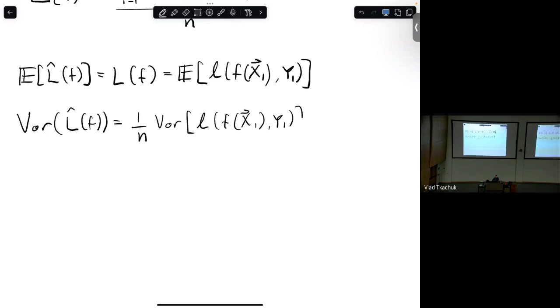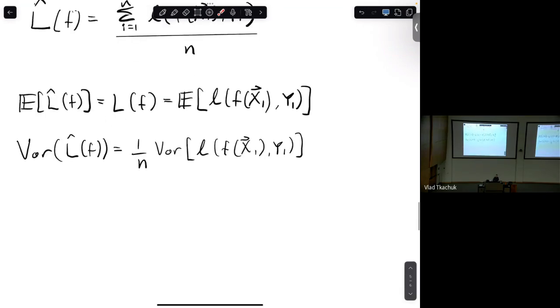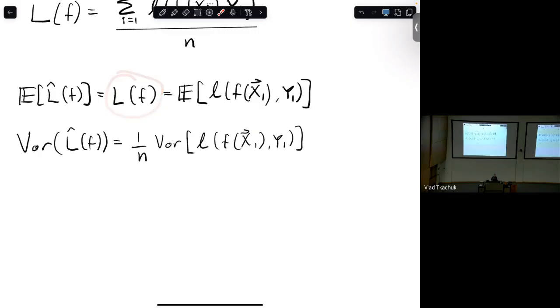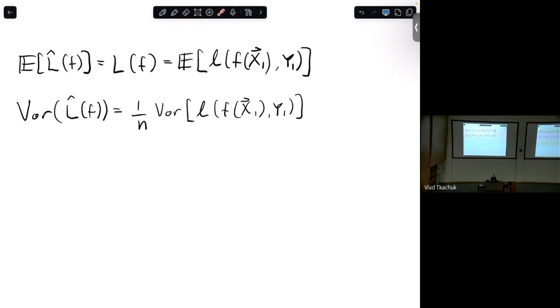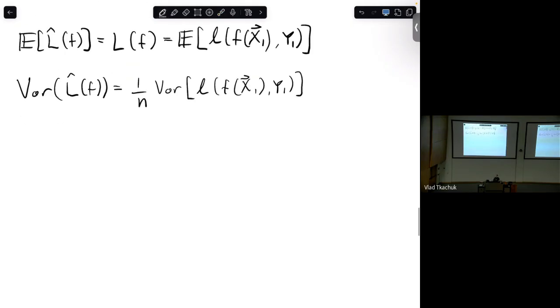The important property is that as n increases, the variance goes down, so any particular data set of size n will be closer and closer to the true risk as n is larger. So you want to gather data sets with as many data points as possible. That's the story: we want n large because things just get better.